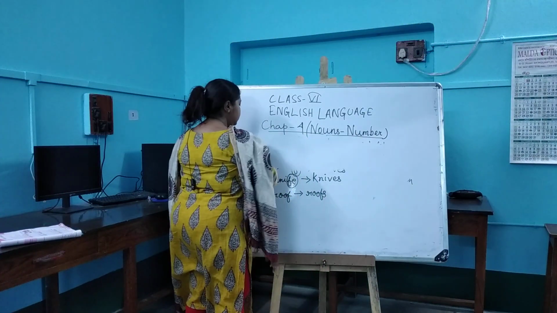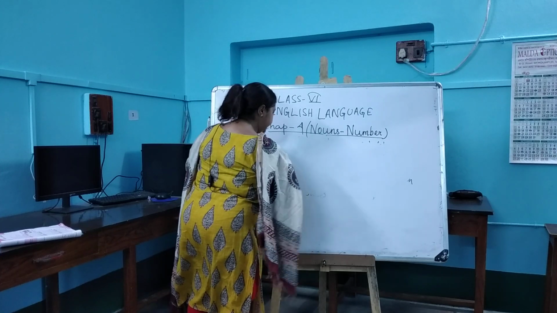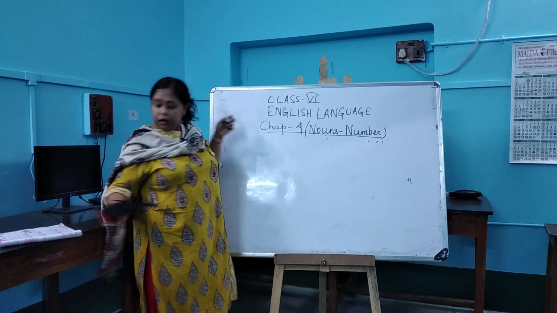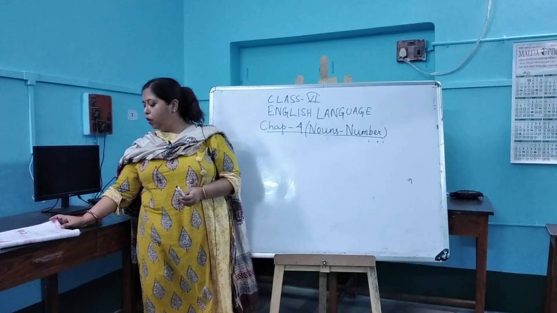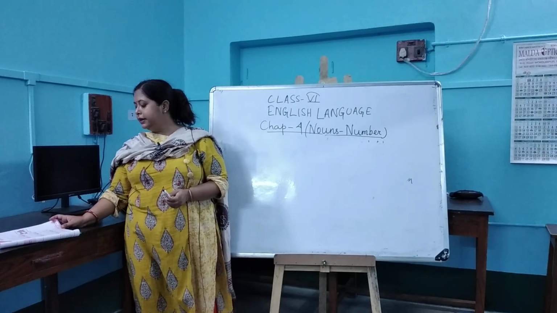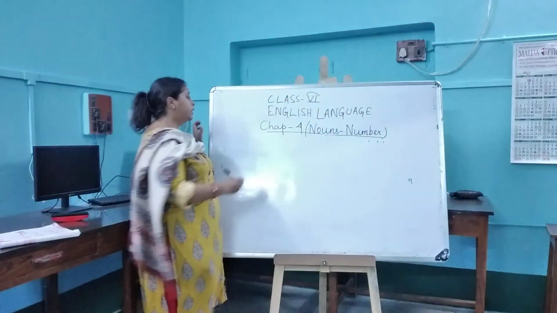Now we come to the third rule. Most nouns ending in o form their plural by adding es to the singular noun.